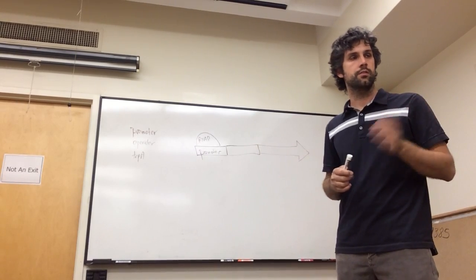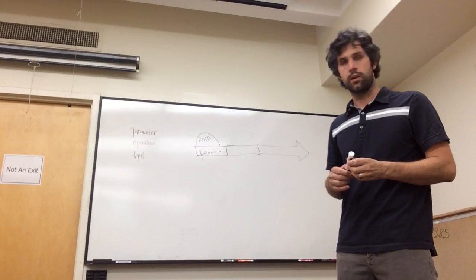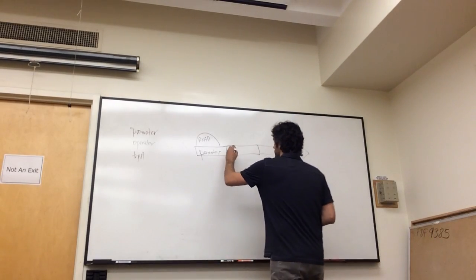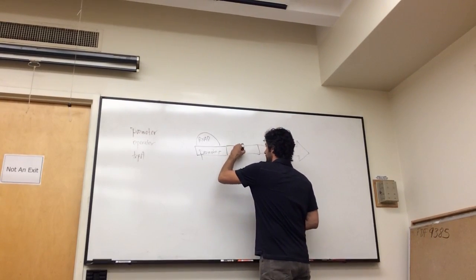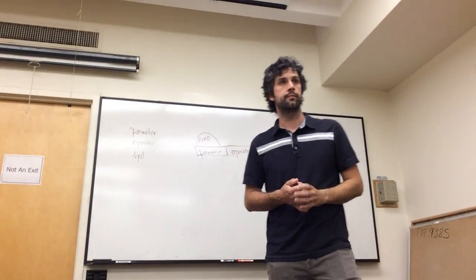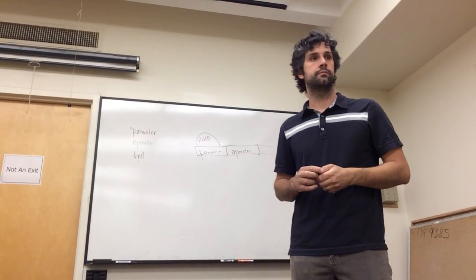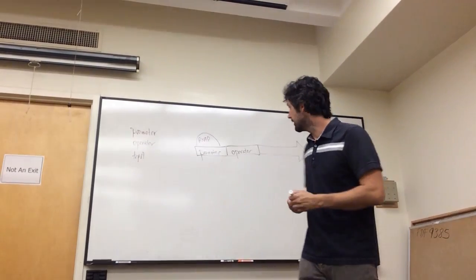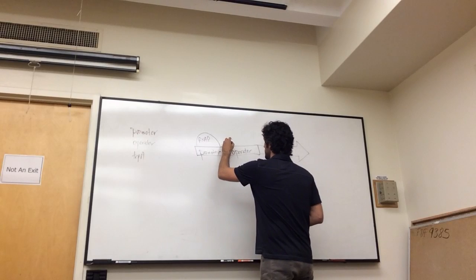So what do you think the next part is? Operator, okay. And what do operators do? Binding site for the repressor. Good. And in this case, what's the name of our repressor?